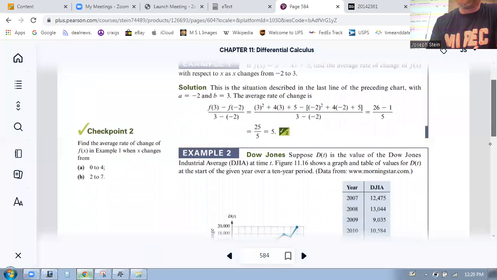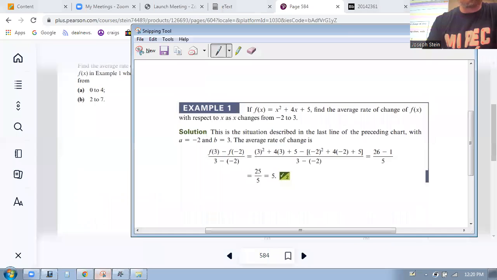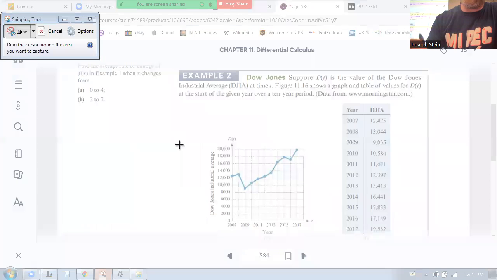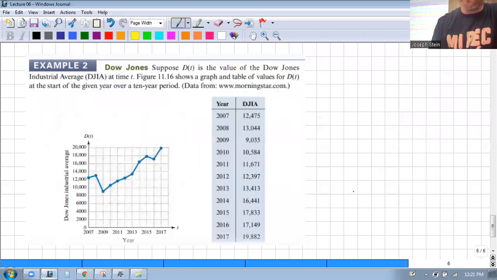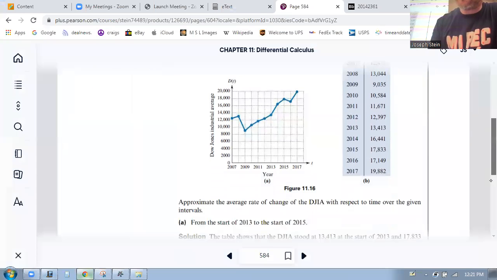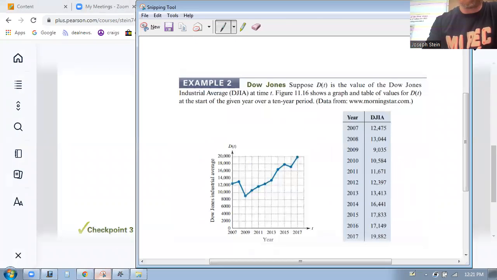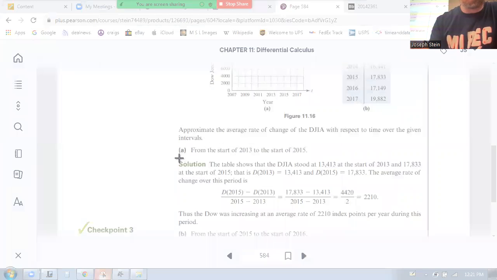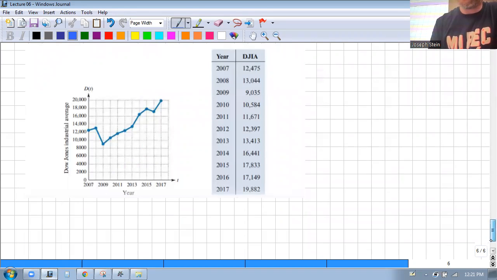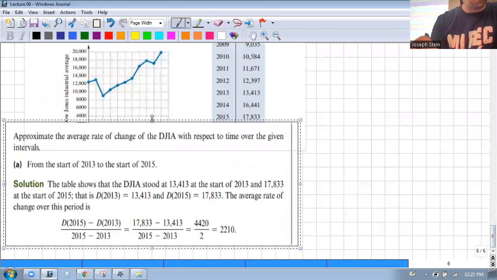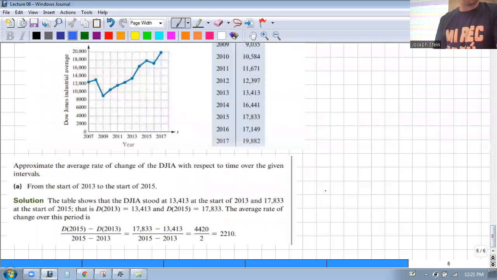Let's look at the Dow Jones example here. So here's our chart, and I think there's a question somewhere here. There it is. We'll do part A. Approximate the average rate of change of the DJIA with respect to time over the given intervals.